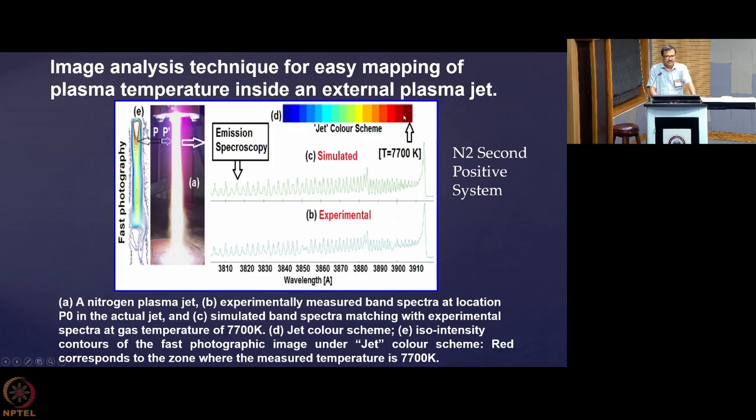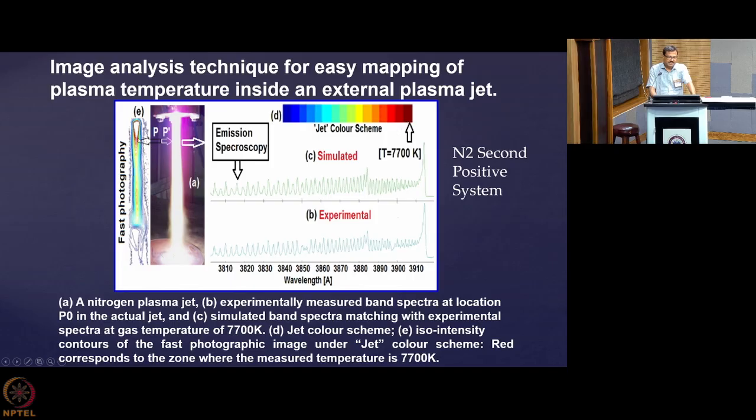Now, when you have mapped through this color code, then you know this is the red zone and this is the blue zone. You want to know the temperature over here. Once you know the maximum temperature over here, then as per the color code scheme, you know the rest of the temperatures. So, in this, what is the maximum temperature?